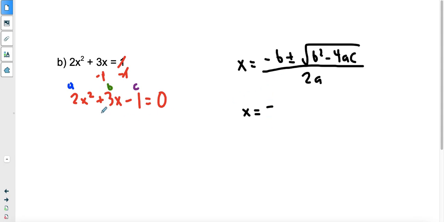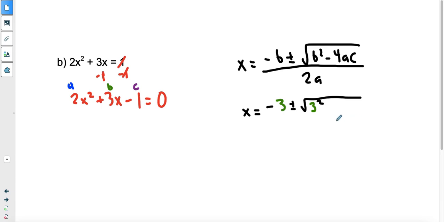So I'm going to find negative b. b is just 3, so I'm going to plug in 3 for b.